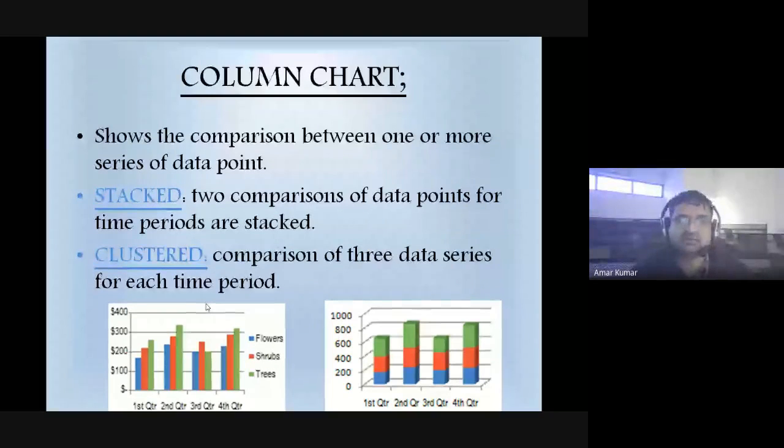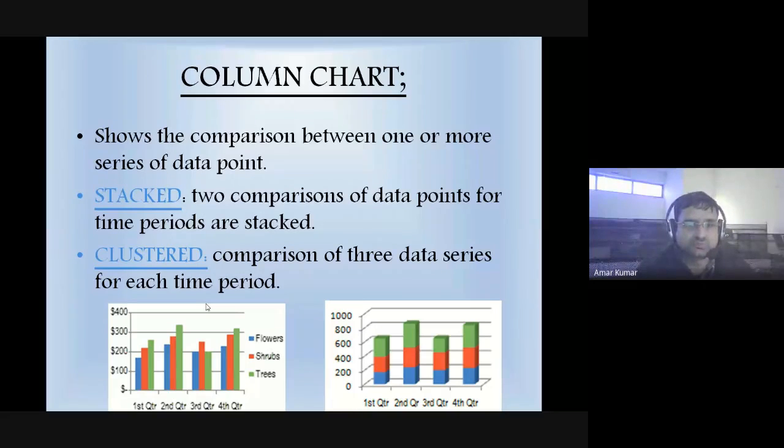You have to first understand the data which you are using to represent in the form of a chart. Whenever you want to show some comparison between one or more series of data points, you can use a column chart.